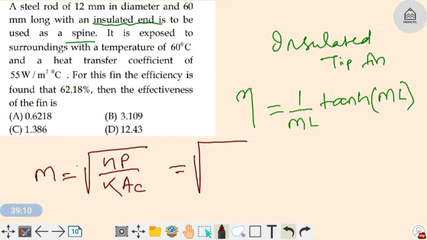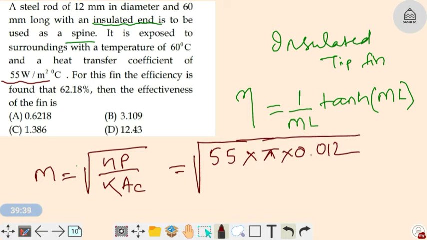H is the heat transfer coefficient 55. P is pi d, that is pi into 0.012, divided by K Ac.